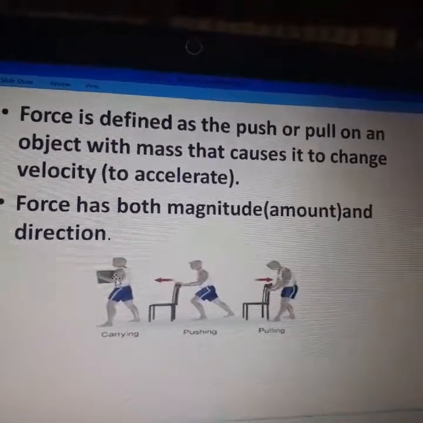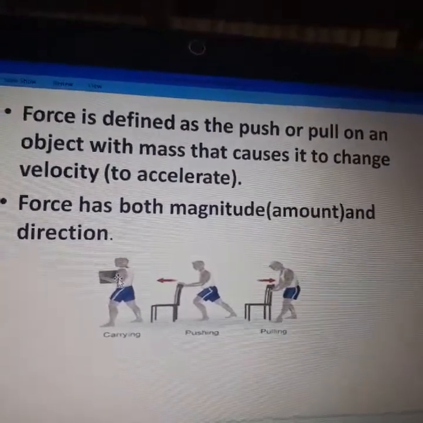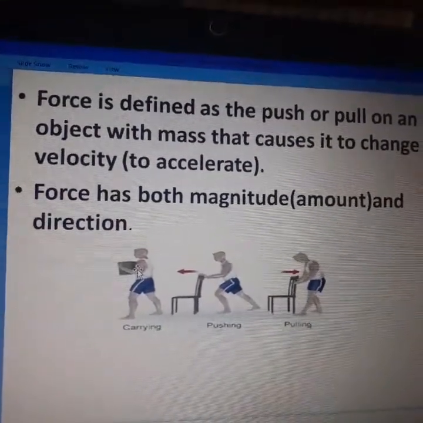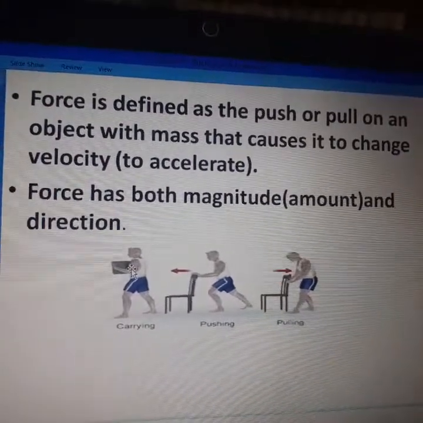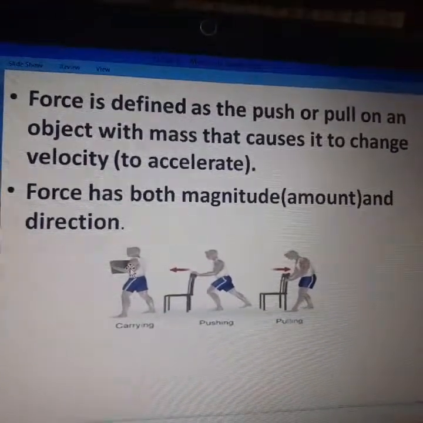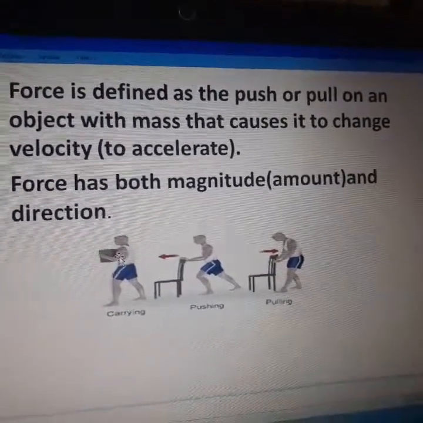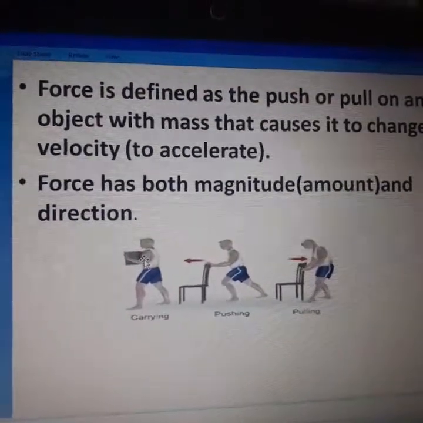The chair has mass and the direction in which the chair moves is because of the force that is applied by the man on the chair. Then the man is pulling the chair. He's applying force on the chair to move it, and the chair moves according to the force applied on the chair by him.